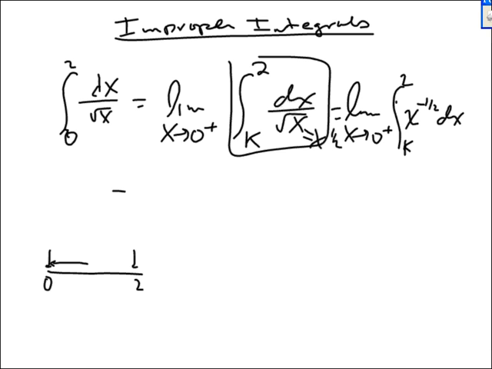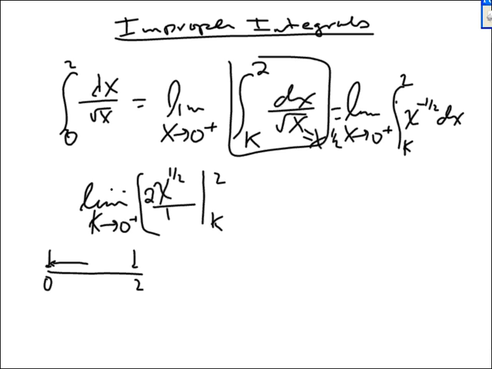And then you add 1 to the power, you get a half, and you divide by a half. You divide by 1 over 2. And you evaluate it from k to 2, except you say limit as k goes to 0. Until you take that limit, you better keep writing it. k goes to 0 plus.